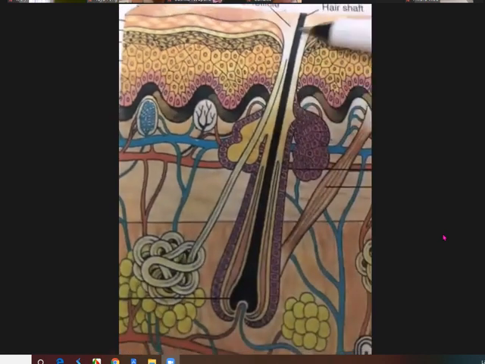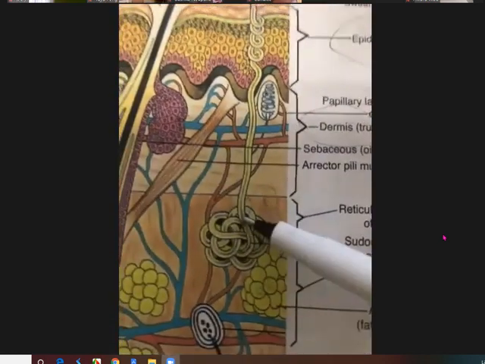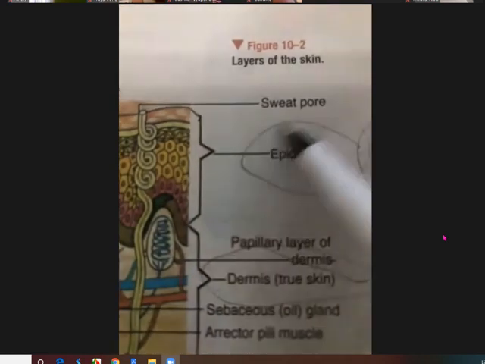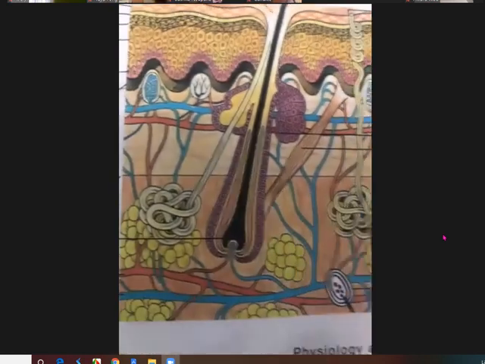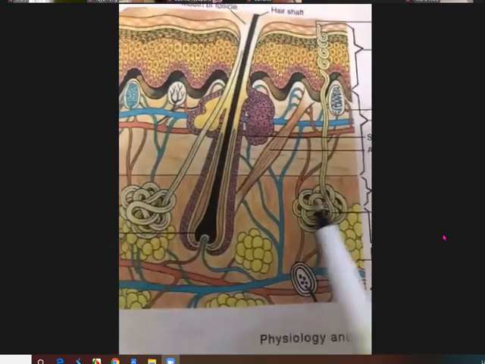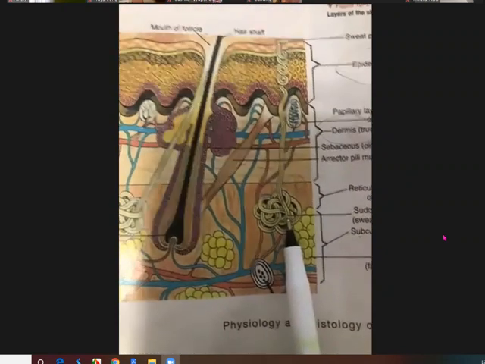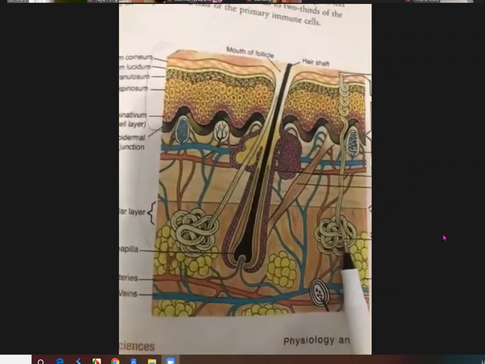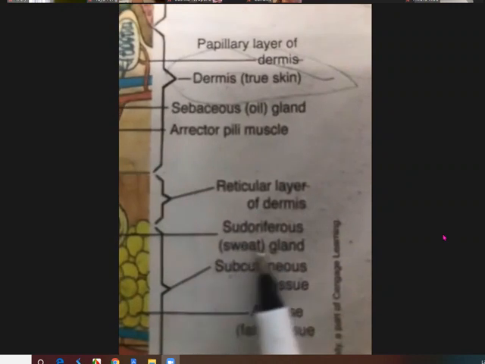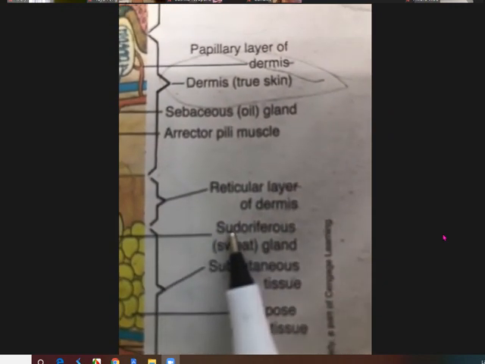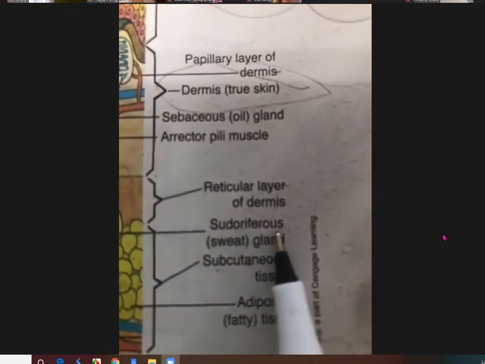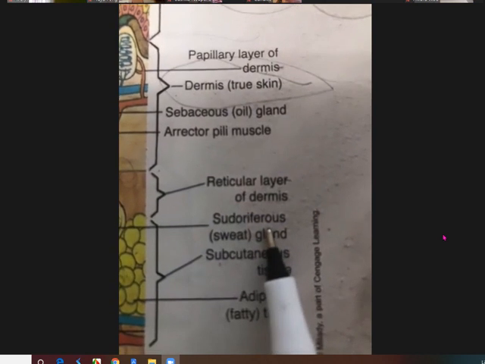It's attached to your hair follicle, and there's another one that is attached to your sweat pore. These two, like coils of wire, are actually your sweat glands. Your sweat glands are also called sudoriferous glands.